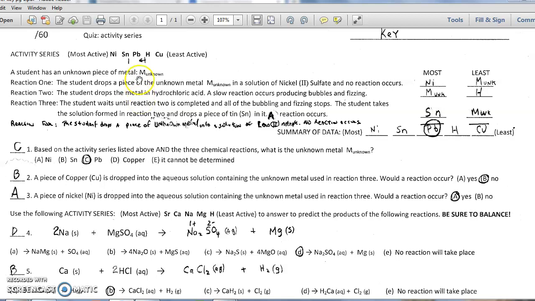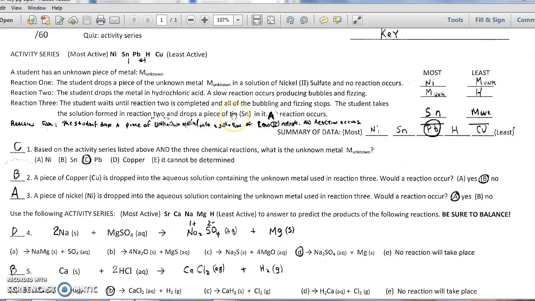So in reaction 2, our unknown metal is entering the solution as it's displacing or replacing the hydrogen. So now we are going to drop a piece of tin in this solution that now has our unknown metal.